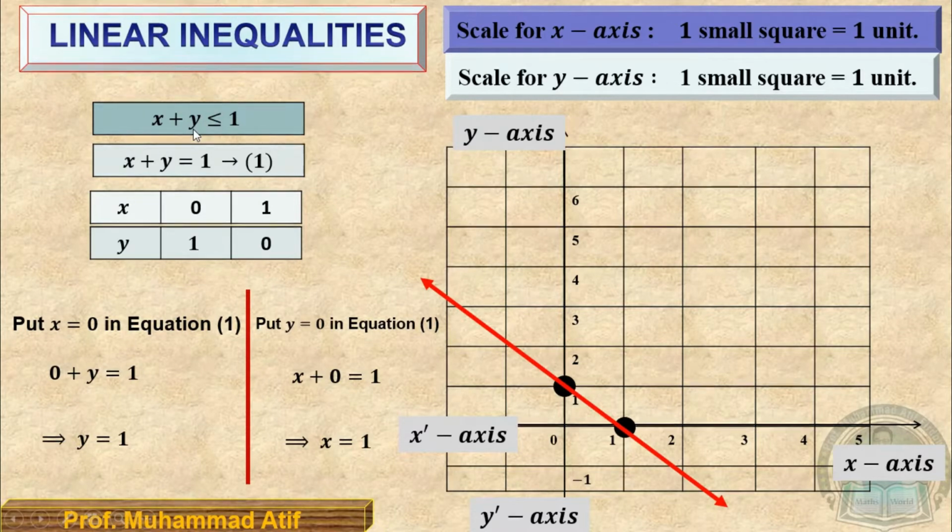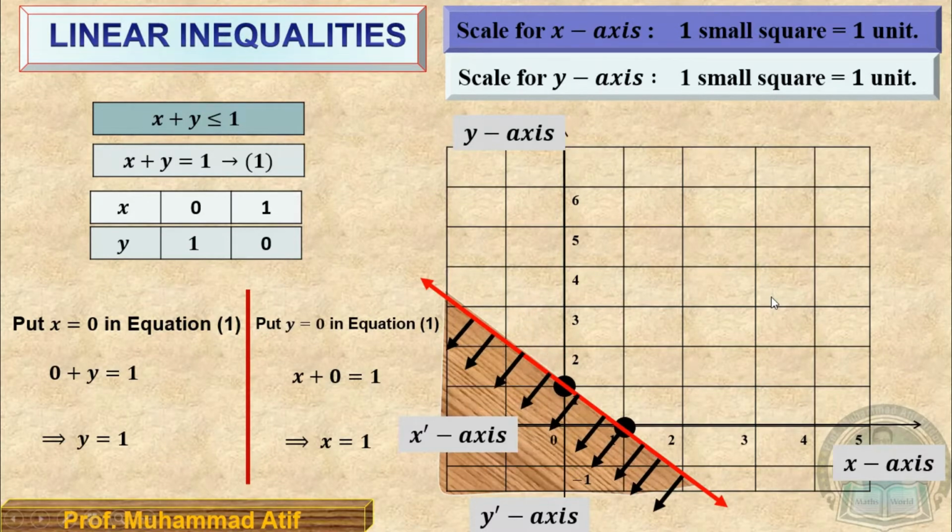If the coefficient of y is positive, then follow the simple rule: if less than or equal to, then draw the region below the given line. So we have this area, which is our required region. Just make some arrows to indicate this, or just shade this to represent our required region.